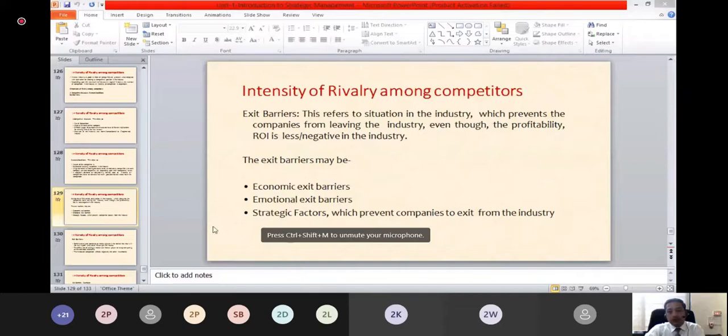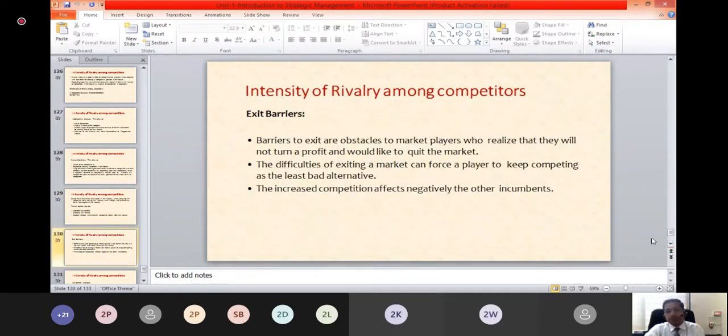There may be emotional exit barriers, wherein emotions are attached to a particular brand or company, and because of that the exit becomes difficult. There may be strategic factors also which prevent companies from exiting the industry.